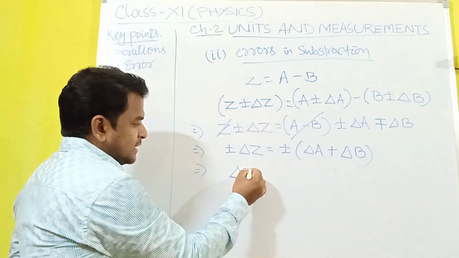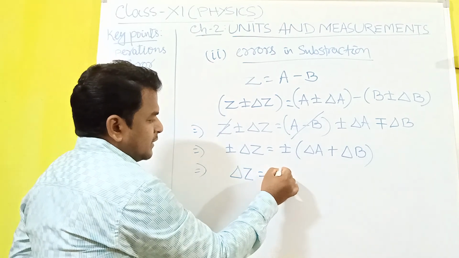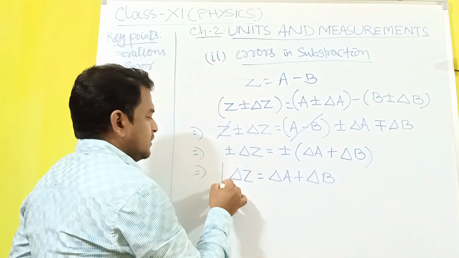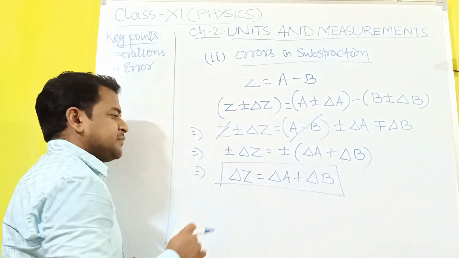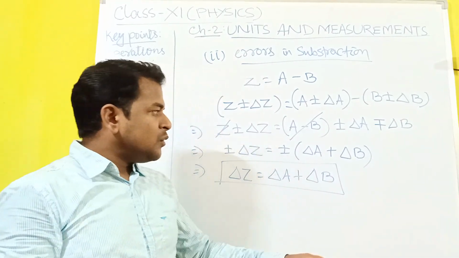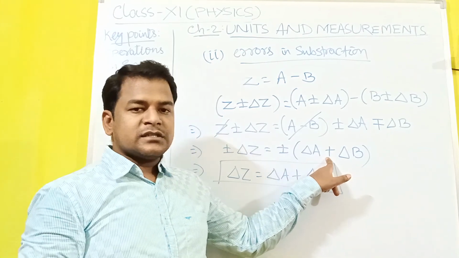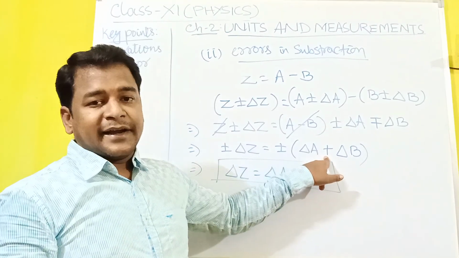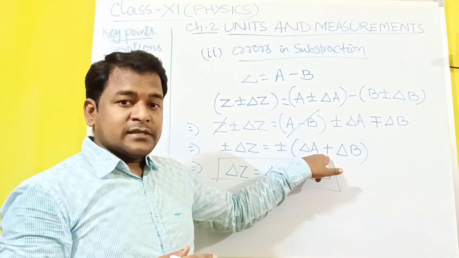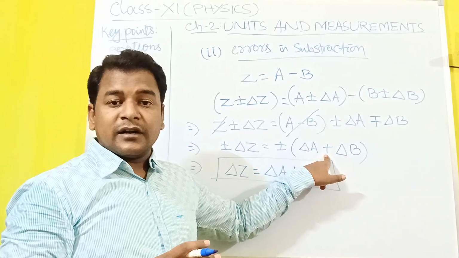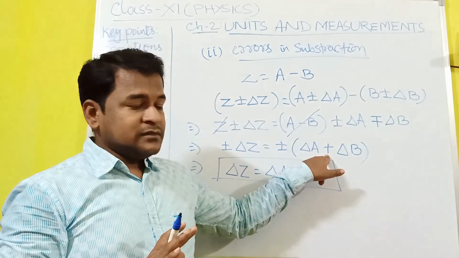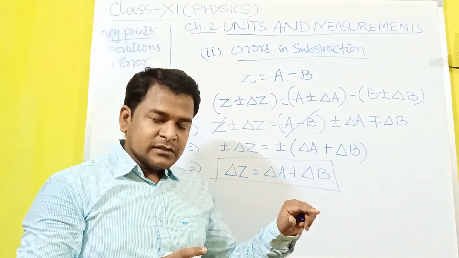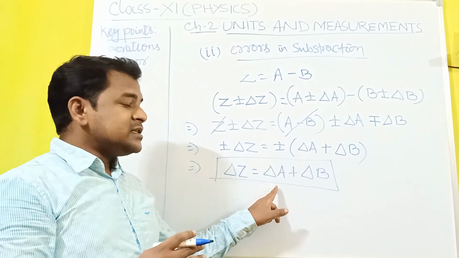Now del Z equal to del A plus del B. Clear everyone? Why we wrote the plus sign here? It is not a matter of concern whether there is a minus or plus sign. Always there should be a plus sign. Errors are always positive.